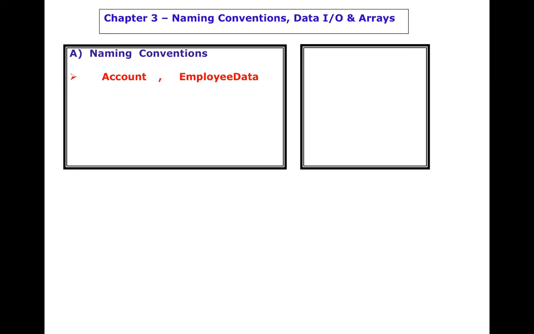But if the method name contains multiple words, then after the first word, every word will follow camel case. If you didn't understand, no problem, look here. So there is only one word, entirely in lowercase. See now here there are two words, find average. So find is entirely in lowercase, but for average, A is in uppercase. Okay, so that is the naming convention for a method.